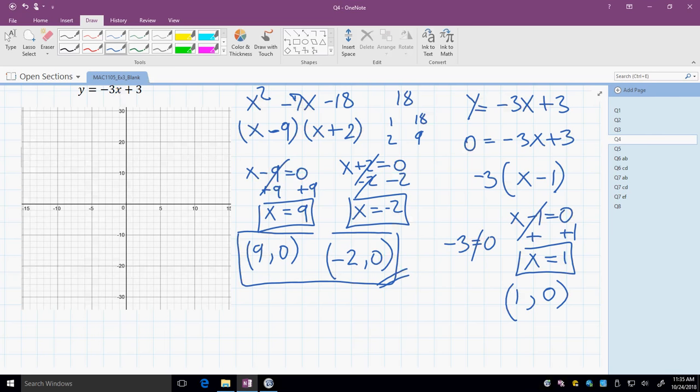If I just pull out an x, to say x equals 0, I can call that the true thing. So I can say the value of x is 0. But in this case, because it's a number, I cannot do anything with that. So the point for this one is going to be (1, 0).